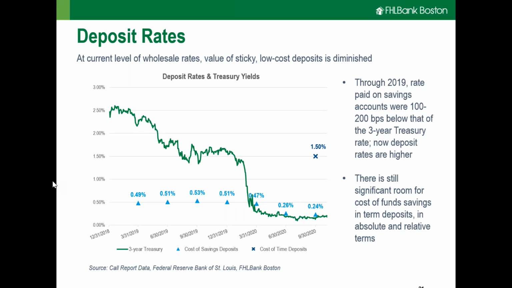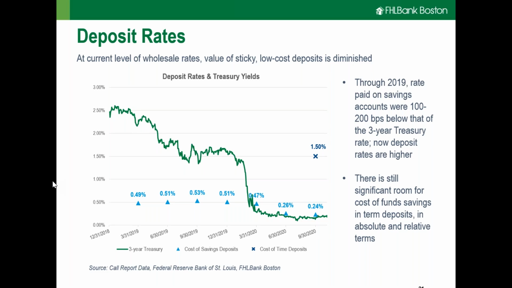Where there is opportunity is on the time deposit side. So you can see that blue X up along the right-hand side of the screen, and that is the median cost of time deposits at the end of the third quarter. So that is where the potential further deposit cost savings could come out of.